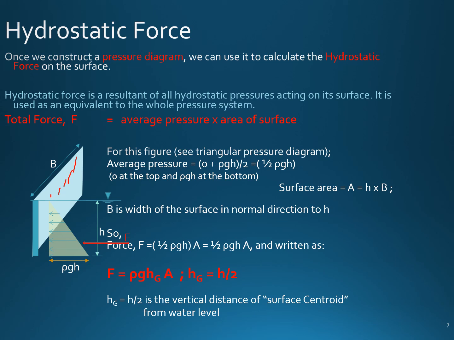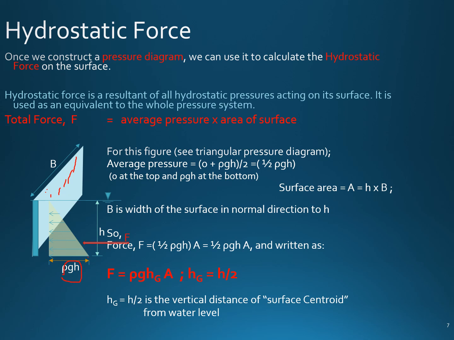In this example, because the pressure is uniformly varied, 0 at the top and rho g h at the bottom, we calculate the average pressure from top to bottom. So the pressure at the bottom is rho g h, and at the top it is 0. So average pressure is 0 plus rho g h divided by 2.